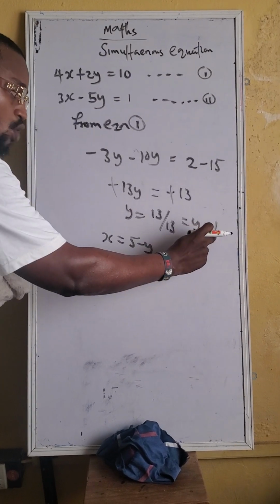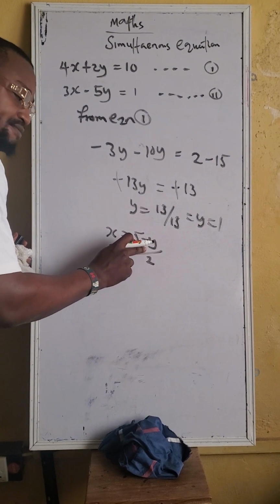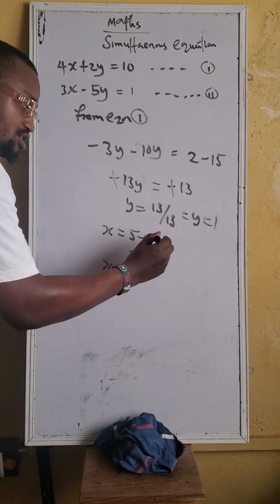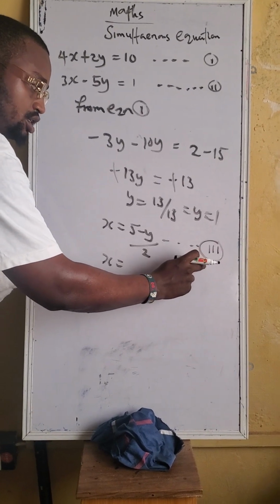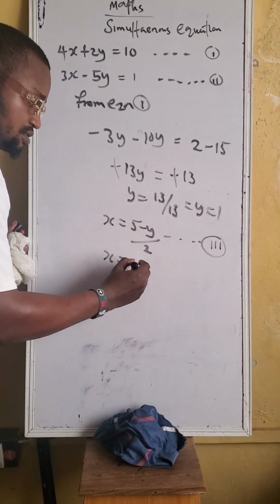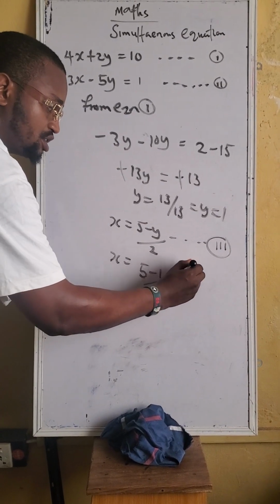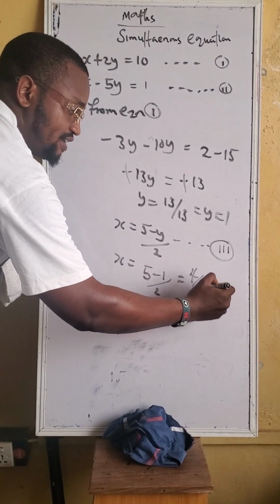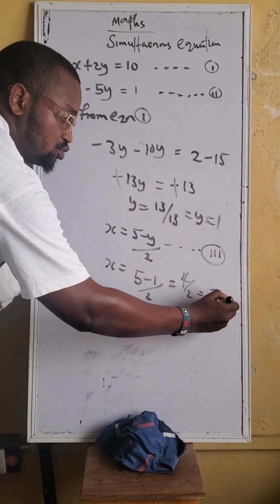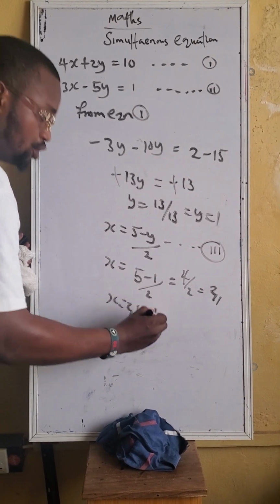We can put this y, which is 1, inside it. It becomes 5 minus 1 over 2, which is 5 minus 1, which is 4 over 2. That is 4 divided by 2, which is equal to 2. That means our x is equal to 2 and our y is equal to 1.